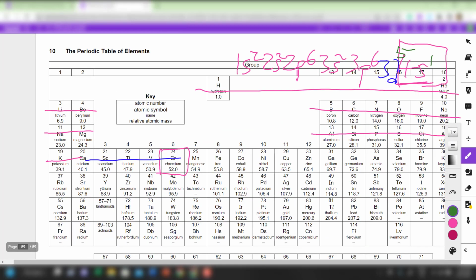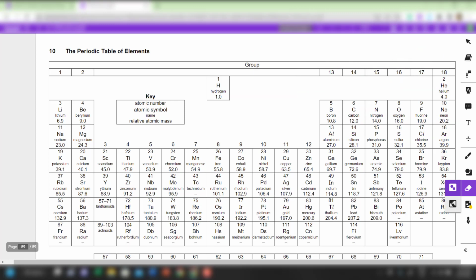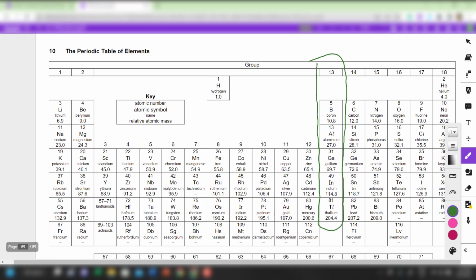So I need to go back to the periodic table. I need to erase a lot of these things because it's just a bit messy. Okay, group 13, we are looking at this group 13. For group 13, we have boron here.